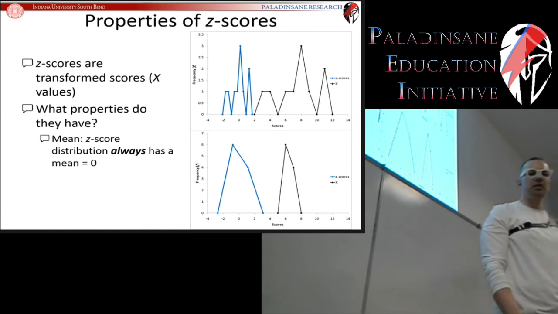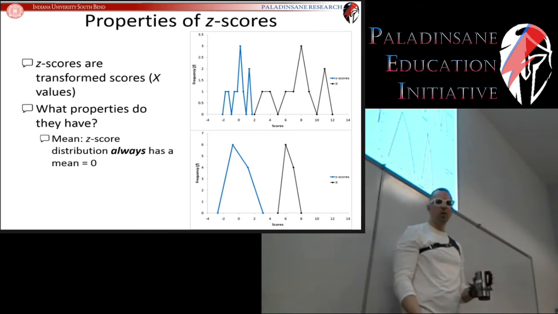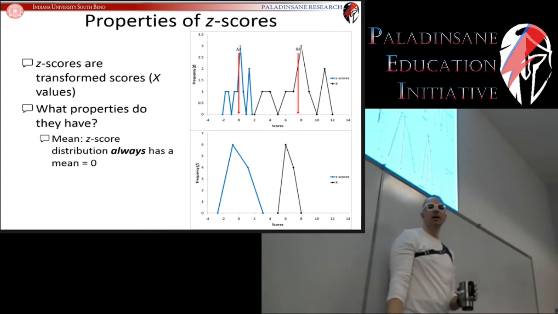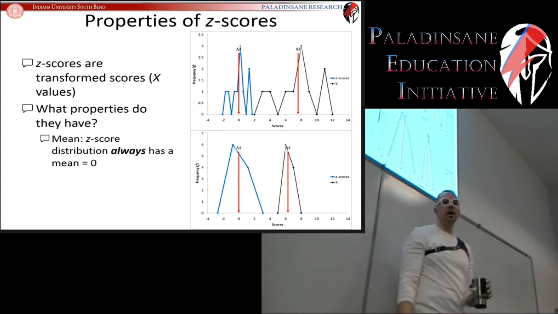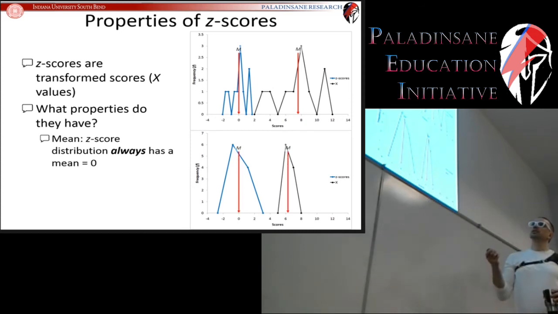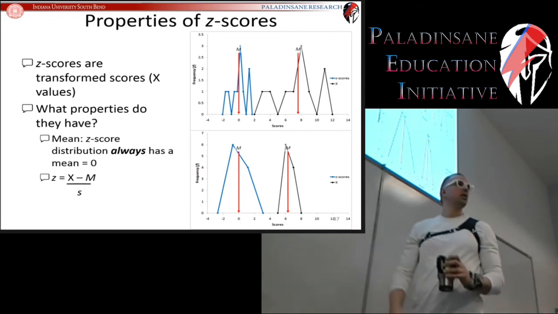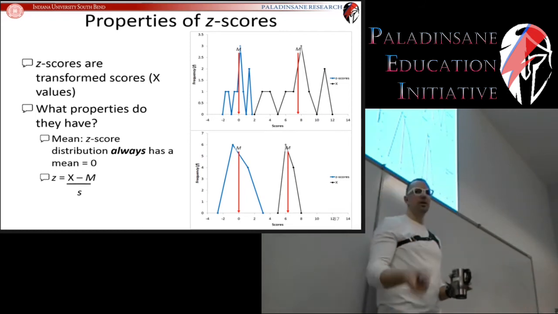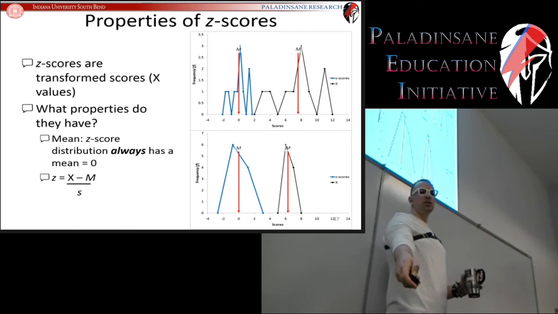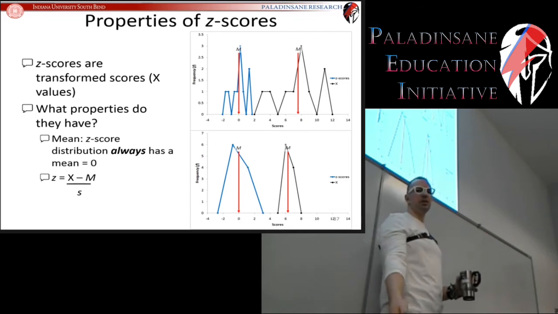And that is because each z-score is sized according to the deviations. And remember that when you add up all the deviations, you always get 0. So because of this, when you add up all the z-scores, you will always get 0. And then 0 divided by whatever number is still going to be 0. So your z-score distribution always has a mean of 0.